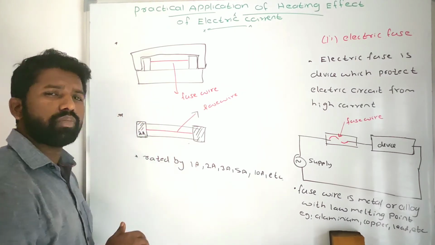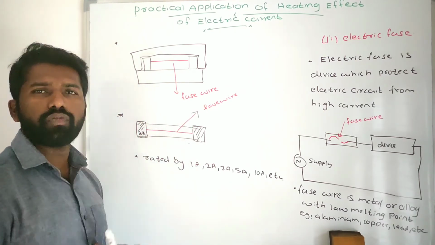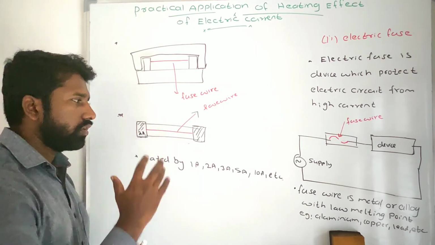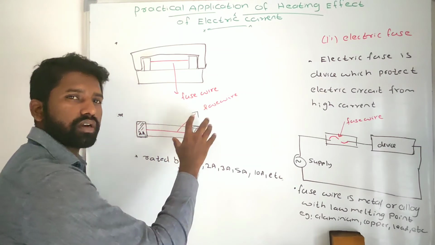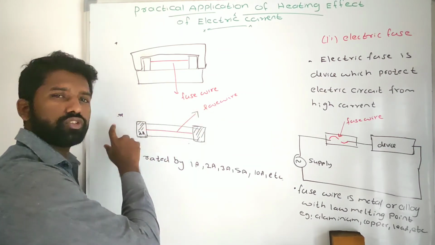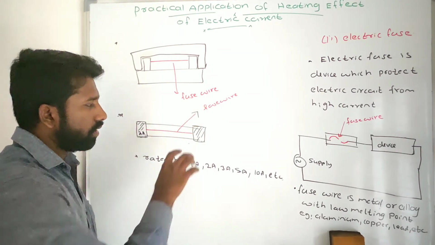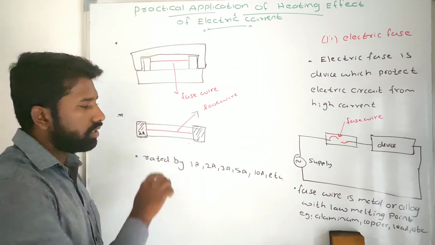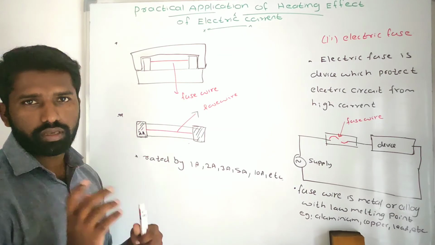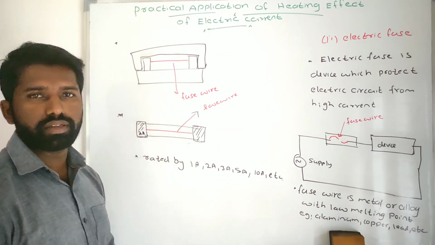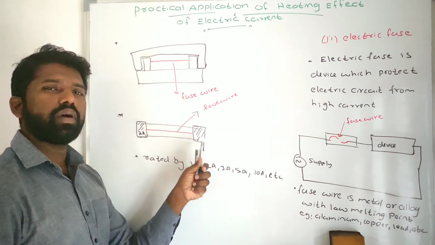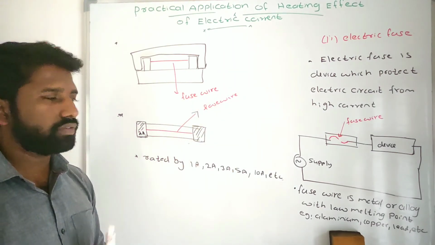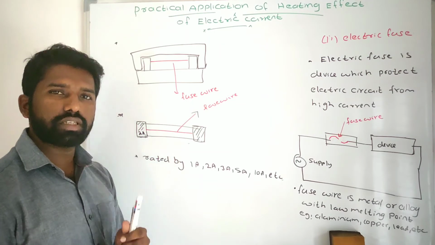Another type of fuse is like this. This type of fuse is normally used in electric devices. You may have noticed that there is a silver color on the two sides. These two are the metal ends and there is a glass tube, inside which there is a fuse wire. These fuse wires are rated as 1 ampere, 2 ampere, 3 ampere, 5 ampere, 10 ampere, and so on, and the rating value is written on the metal end.